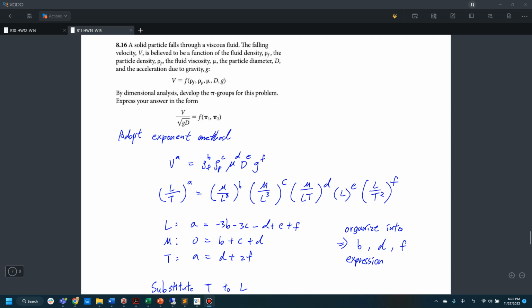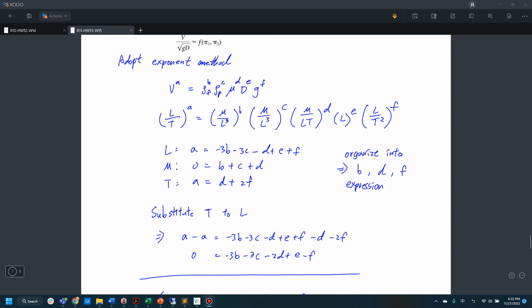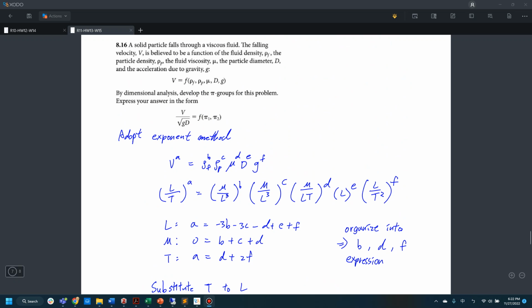So we will get the second equation here. Because we have 3 distinct unit dimensions here, we should be able to use them to build up the relationship among those 6 parameters.